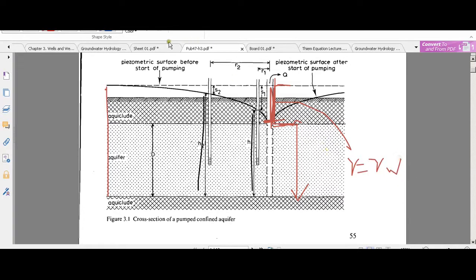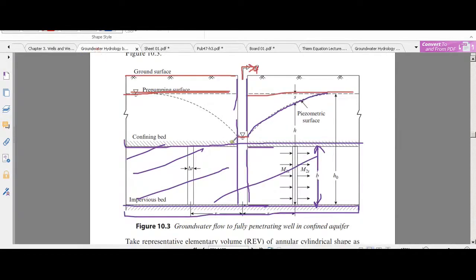You got my point or not? Right? So now look here, this is the water level inside the well. If you are going to consider this drawdown, I will use a different color, right?